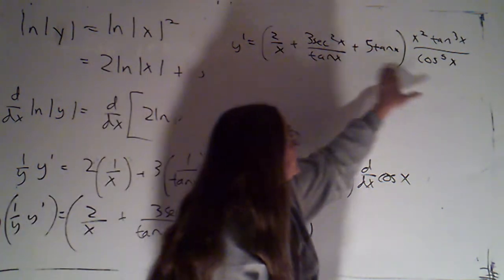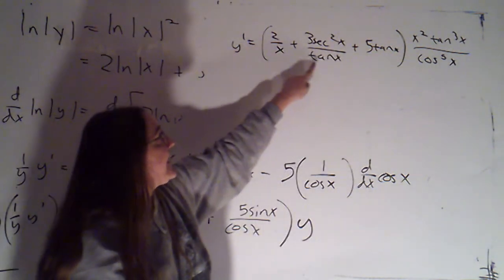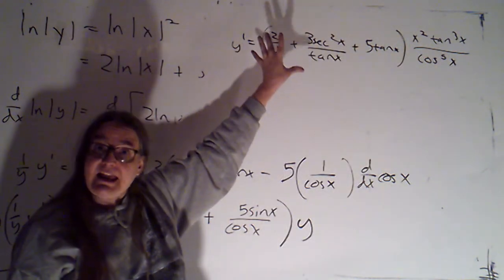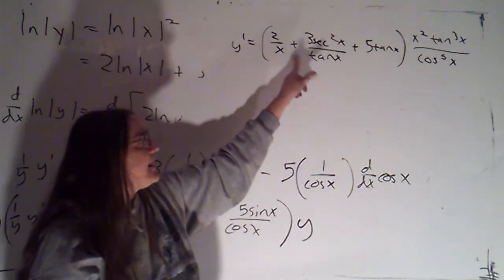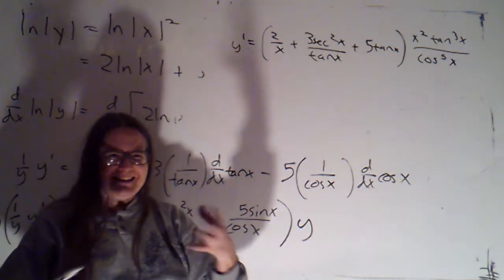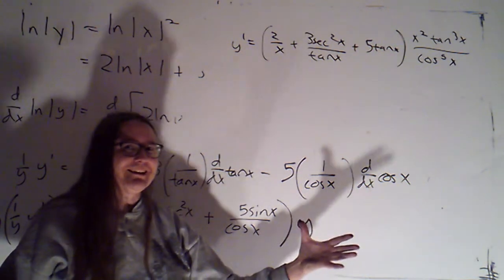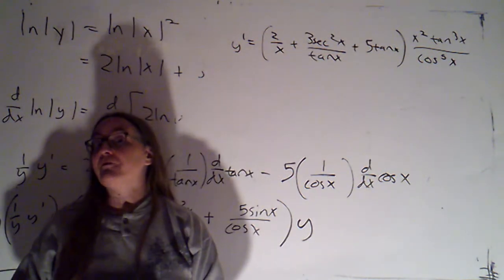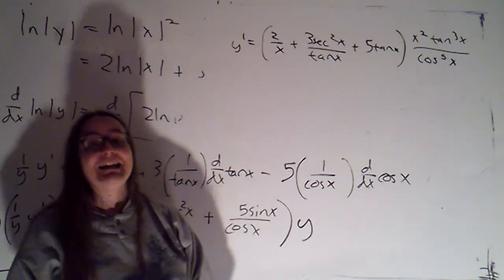So certainly this version is still undefined if x or tangent of x is 0. But if I do the multiplication and cancel that out, because the only reason these ended up in the denominator was because I did this illegal taking the natural log thing in the first place, if I allow myself to cancel them, I'm probably going to get the formula that does work even if they are 0.